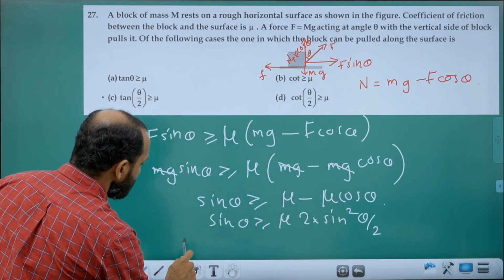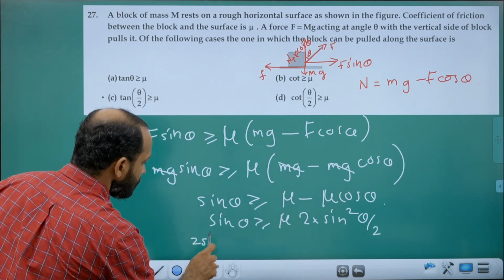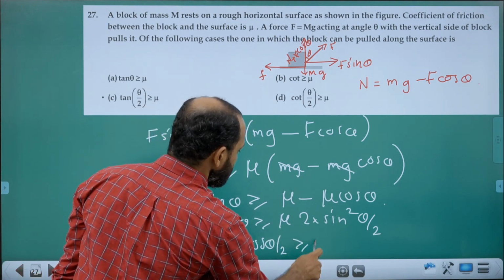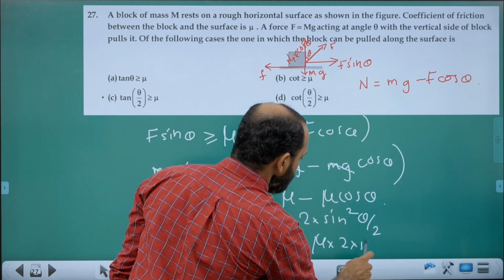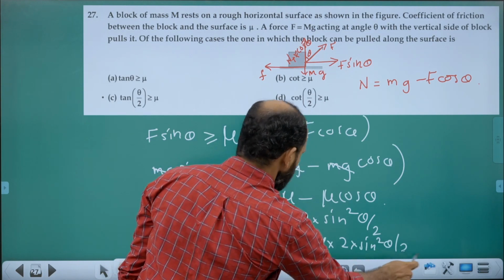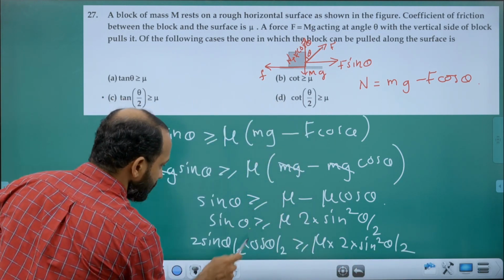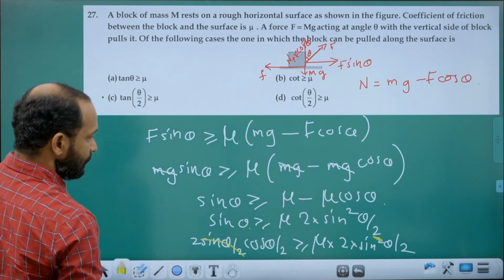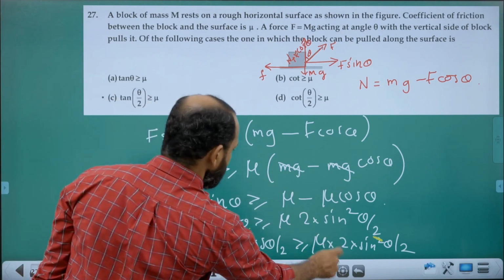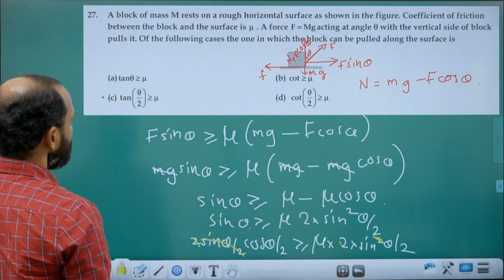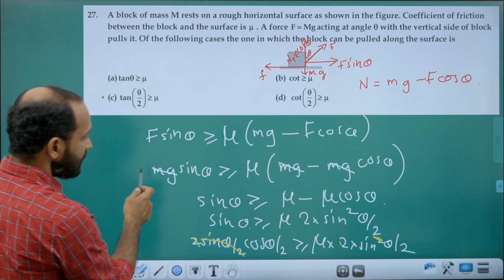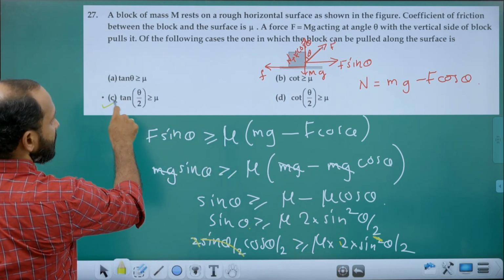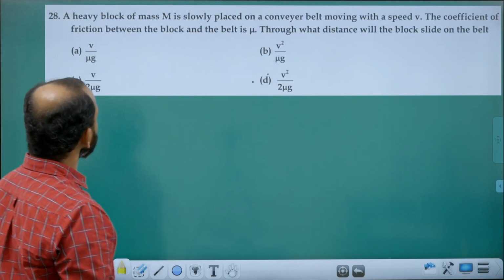Sin theta can be written as 2 sin theta by 2 cos theta by 2, greater than or equal to mu times 2 sine square theta by 2. One sine theta by 2 you can cancel, and the 2 can be cancelled. So you get tan theta by 2 greater than or equal to mu. So that is the correct answer.